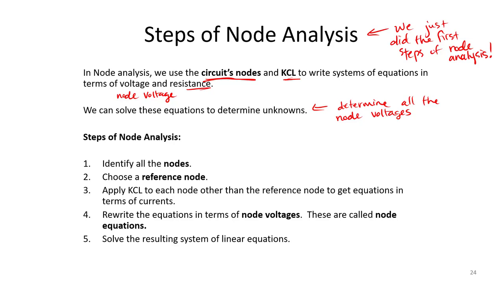Here's the general steps of node analysis. First, you want to identify all the nodes. Remember, these are the locations where circuit elements are connected. And remember that the voltage throughout a given node is constant.